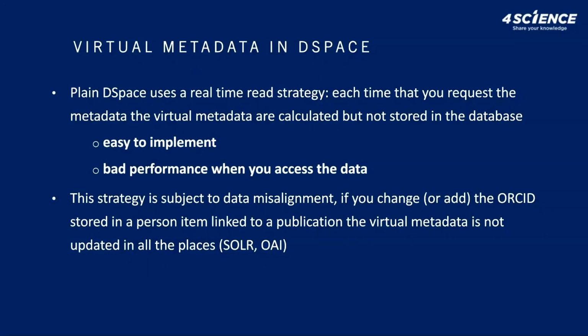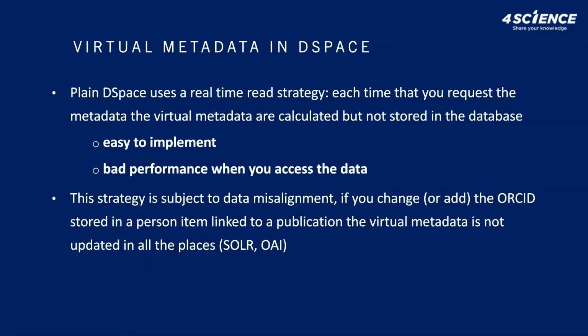When we index this information, when we expose this information over OAI-PMH and so on, what is the approach of plain DSpace? DSpace uses a normalized database, so all the information is stored in the database in a normal way, and each time that you need to get this information, it is read from the database.